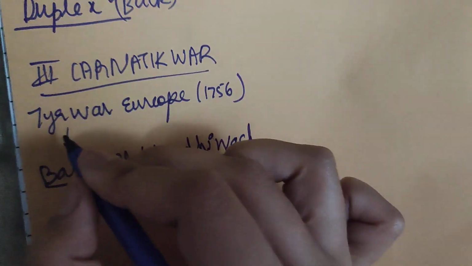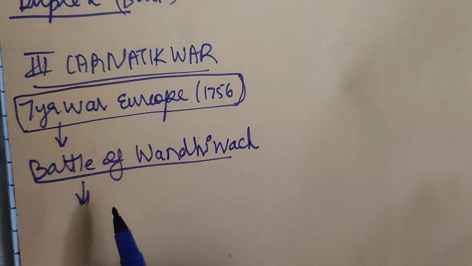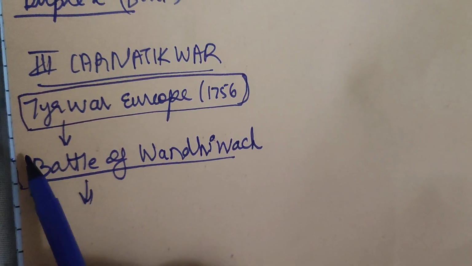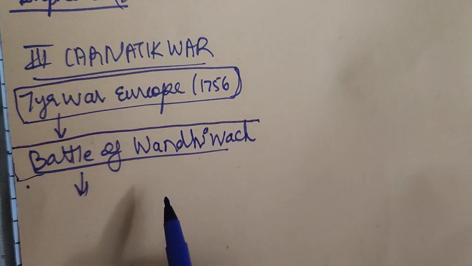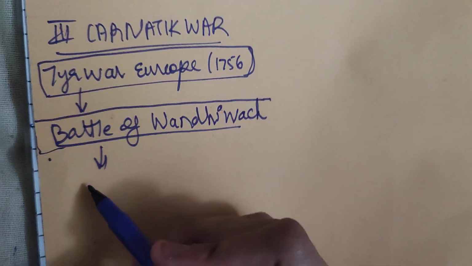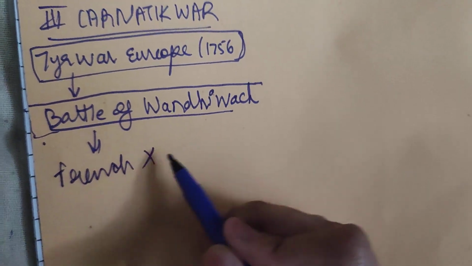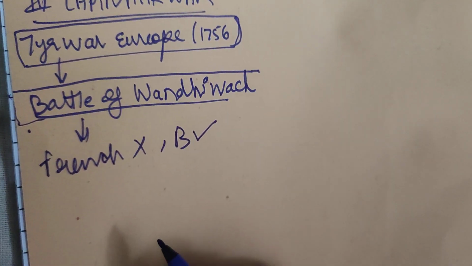Here finally, the French were already in the Seven Years' War going on simultaneously, and at the same time they had to go through another battle in India, so of course their army would be exhausted. So this led to the French defeat and the Britishers won.